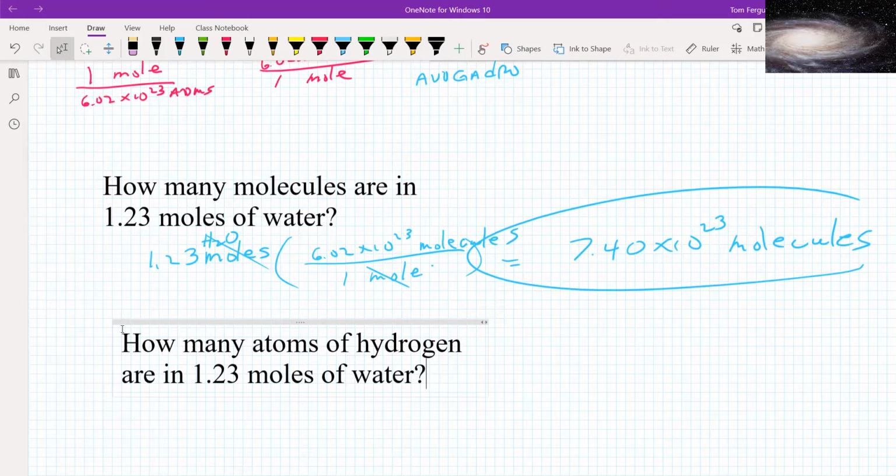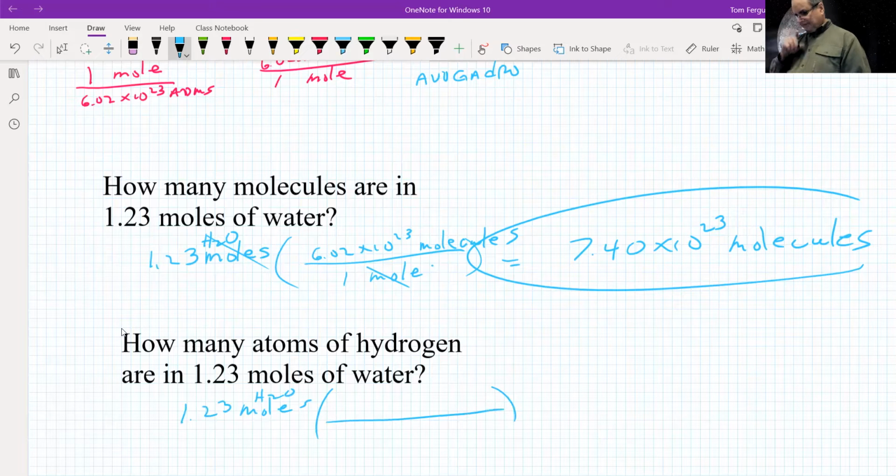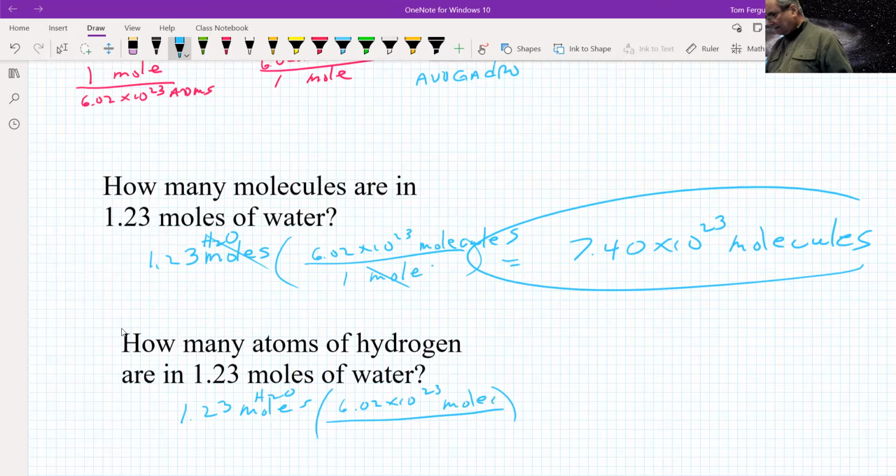That goes on the left. And how many molecules of water are we going to have? So we're going to use 6.02 times 10 to the 23rd molecules.